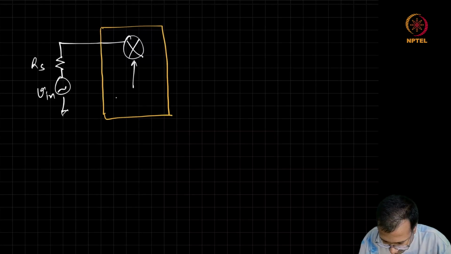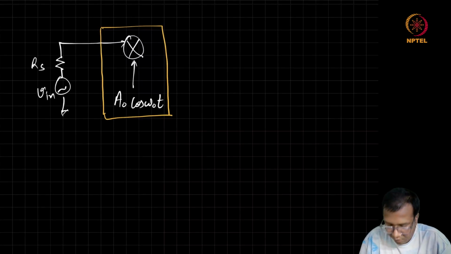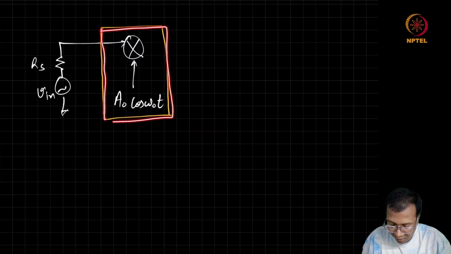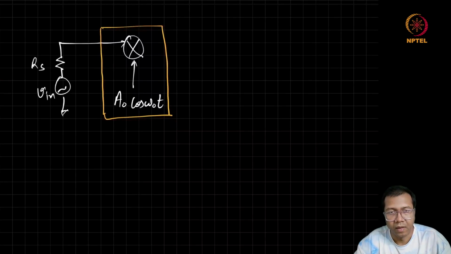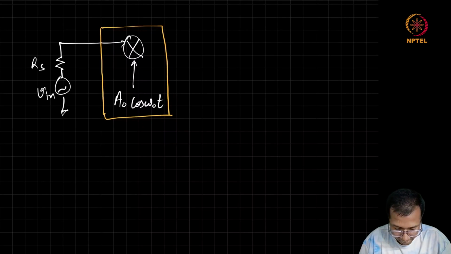So this is a multiplier block. I am multiplying this input signal with a periodic time varying signal, and the block inside this box is acting like a periodically time varying gain.